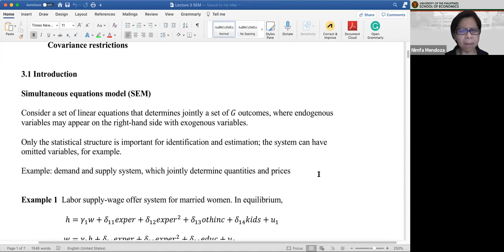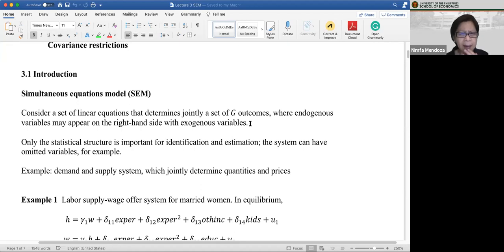Okay. So what did we have before? When we had instrumental variables, we said that when some right-hand side variables are endogenous, that is correlated with the disturbance term, then we can get biased estimators of the parameters.